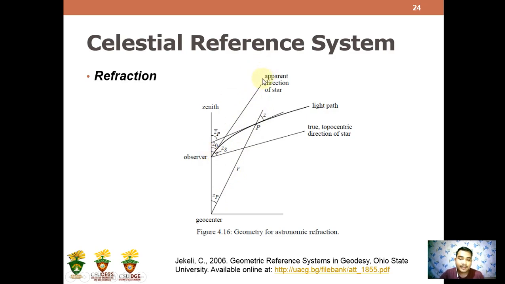So this is the light path, and this is what the observer perceives. So this is now the apparent direction of the path of the sun, or light from the sun, because it passed through another medium, which is the Earth's atmosphere.